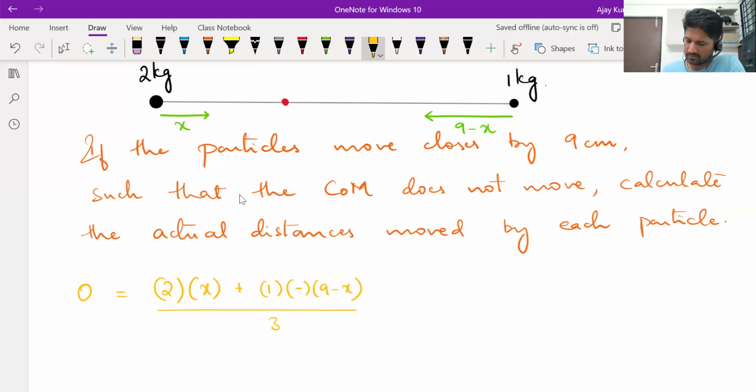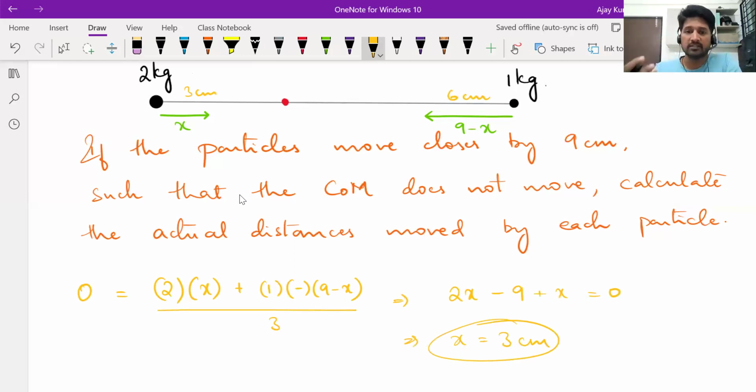The denominator doesn't matter, it will get cancelled. So you get 2x minus 9 plus x is equal to 0. So 3x is equal to 9, means x is equal to 3 centimeters. And that is what we got before also. 3 centimeters here, 6 centimeters here. So imagine what is happening and then write an equation based on what is happening.